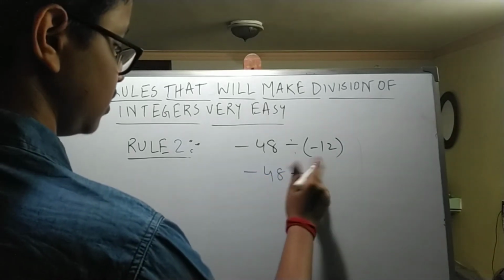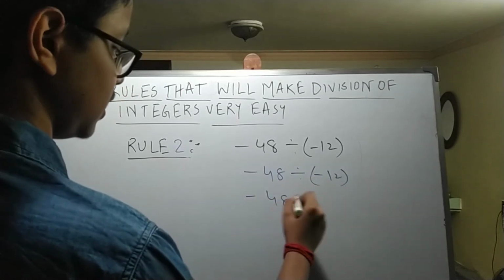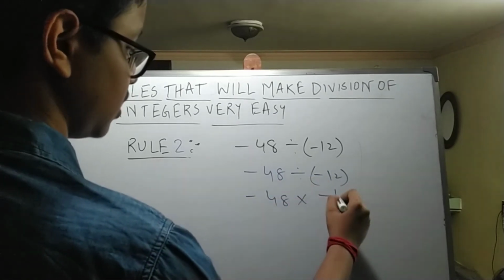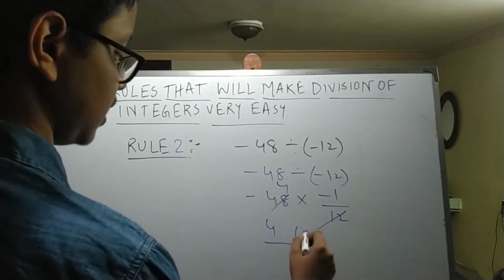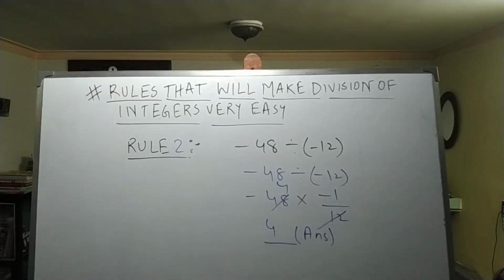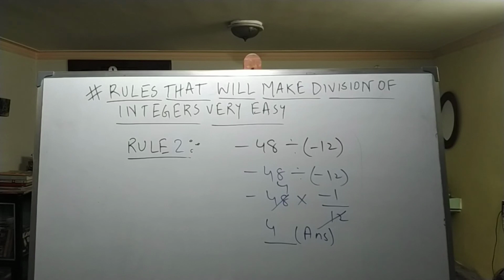Minus 48 divided by minus 12, it will be minus 48 into minus 1 by minus 12. So it will be 4 will be the answer, because minus result will give you plus. So the answer will be plus 4. This is because there are two like signs, and like signs result will give plus and unlike signs result will give minus.